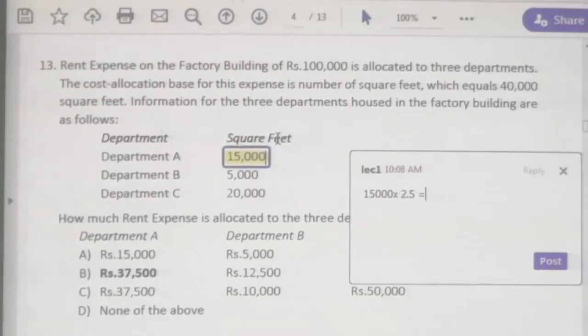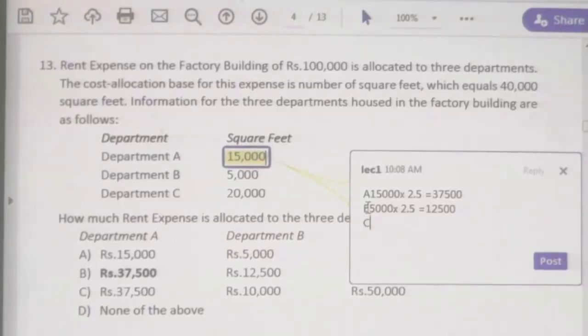For A, 15,000 multiplied by 2.5 is 37,500, right? Then for B, 5,000 square feet multiplied by 2.5 will be 12,500.